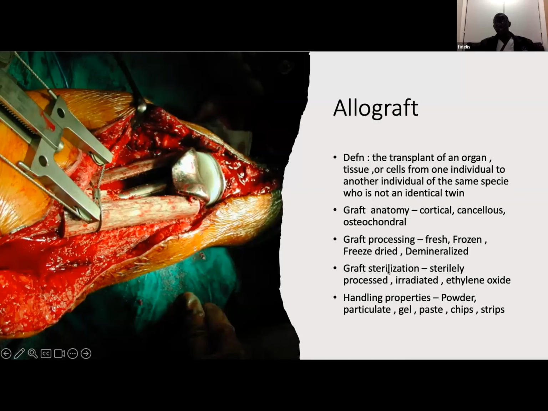And then they also differ in terms of how they are sterilized. There are two main types of achieving graft sterility. Firstly, there's terminal sterilization, where you process the graft, and then at the end, as the final stage of graft preparation, you sterilize it. Or aseptic technique can be maintained throughout the whole process of graft harvesting and processing.